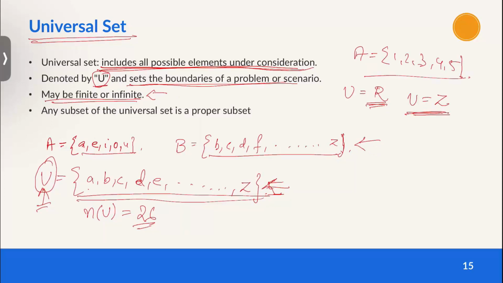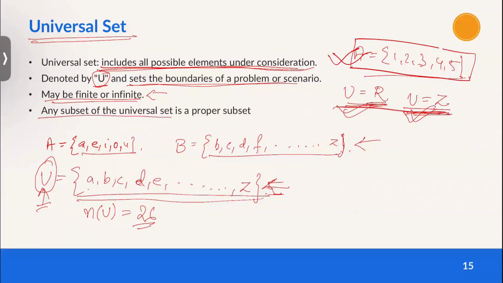So you can see that the universal set depends upon the context. If only A is there, then for this set the universal set can be just integers or it can be real numbers. It has to have all the elements in the context. So in this case, the universal set is infinite.